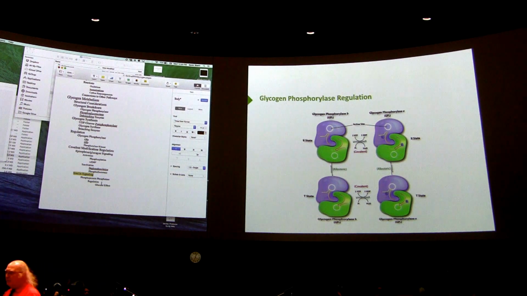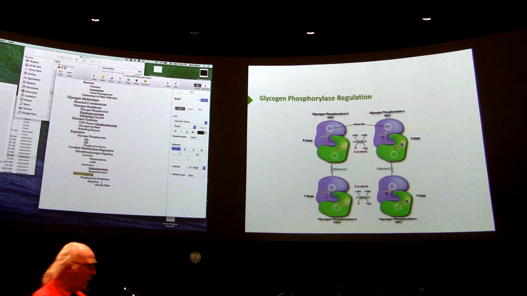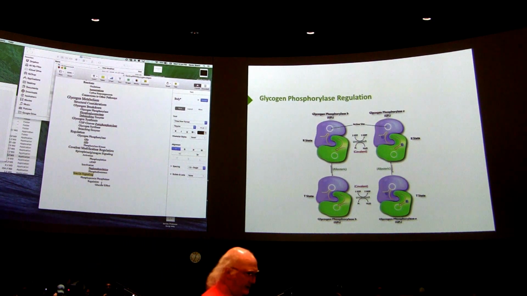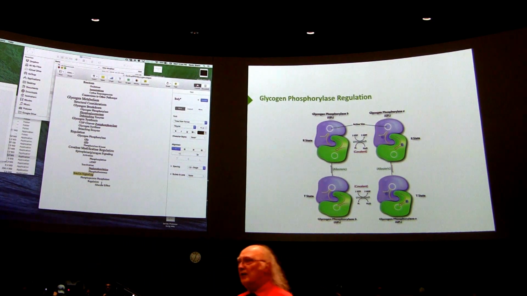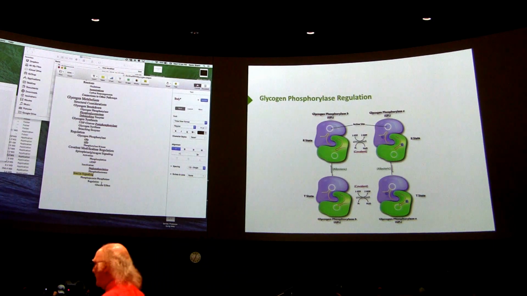Now, that means that when we look at covalent modification, in this case, the modification is phosphorylation. We can have a phosphate on or we can have a phosphate off. The form of glycogen phosphorylase with the phosphate off is known as glycogen phosphorylase B, also abbreviated GPB. It's on the upper left of the screen as you see.